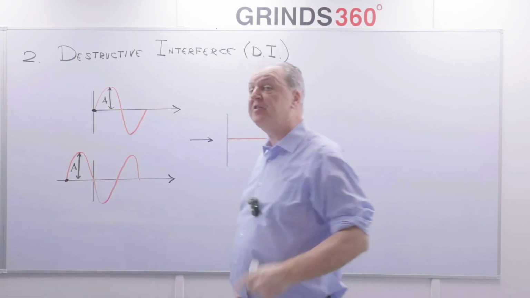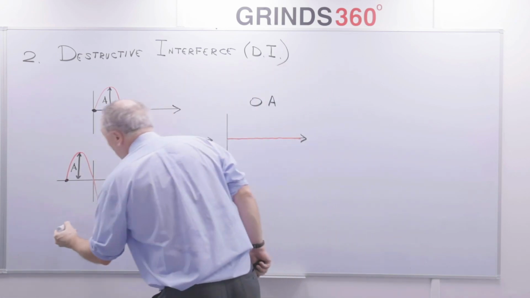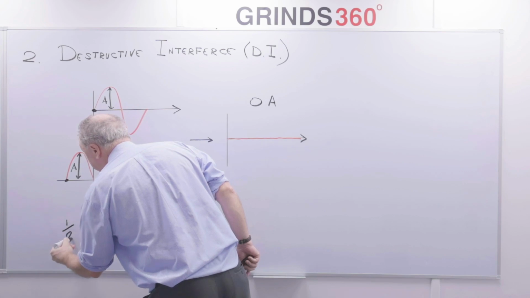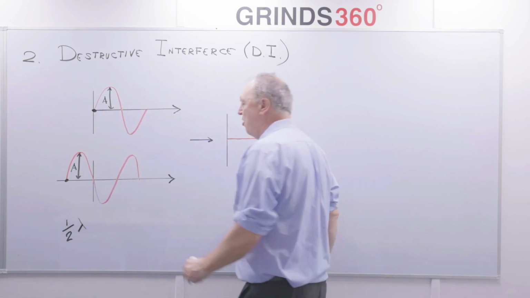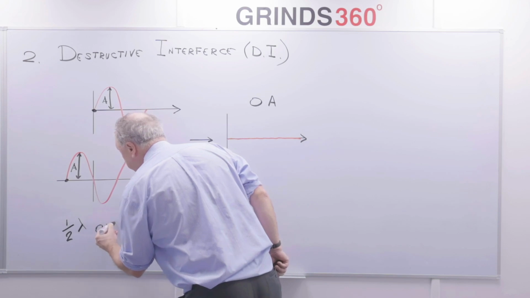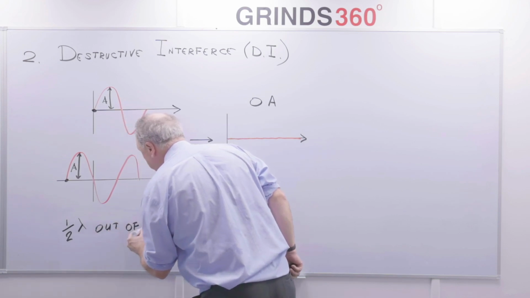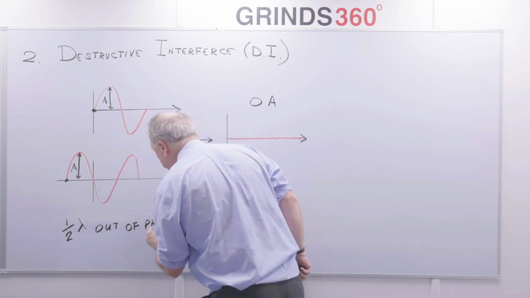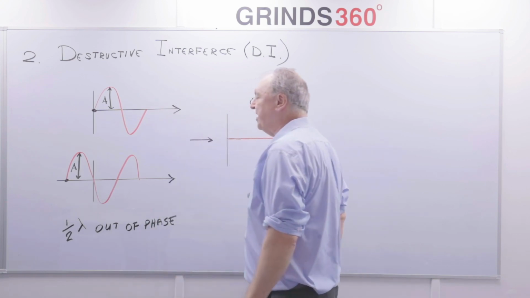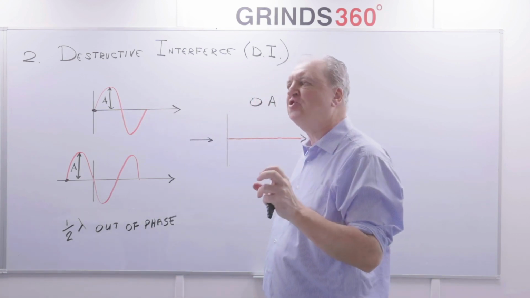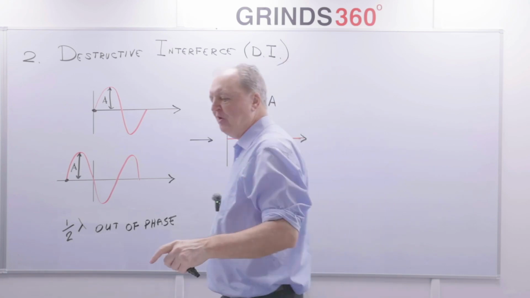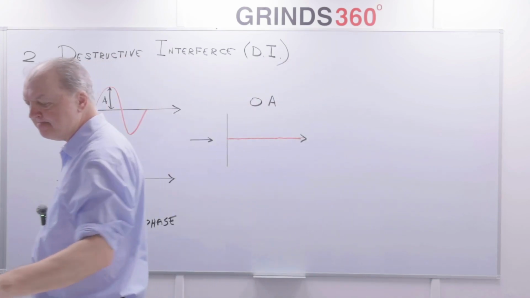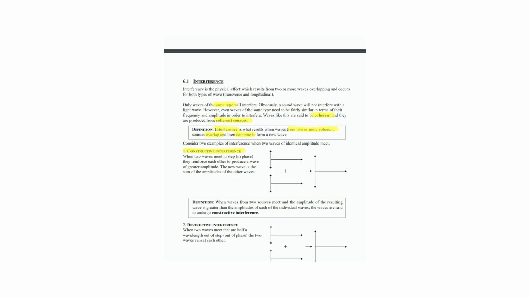That second one starts half a wavelength, half a lambda, out of step or out of phase. When that occurs, you get destructive interference where the signal disappears. Let me have a look at the definitions. Go back to my notes.